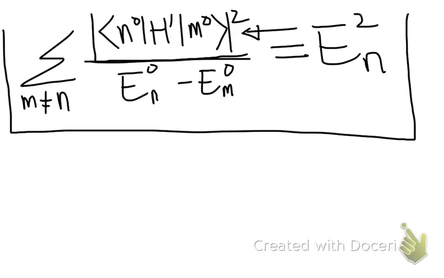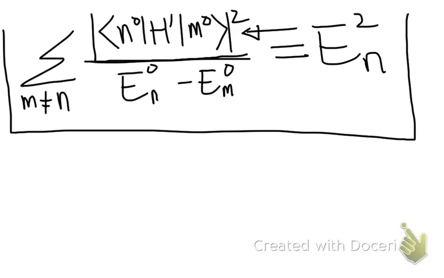What I have done is take my original system and perturb it, and then expand my energy eigenvalues and my eigenstate vectors in a series expansion.